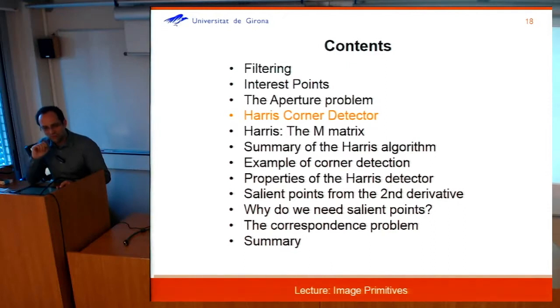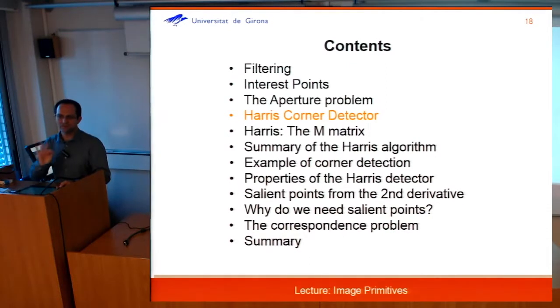So this leads to the Harris corner detector. Harris said, okay, instead of using sum of square differences like Moravec was doing, there's a paper by Harris and Stephens, and they proposed a method in which they started using derivatives.